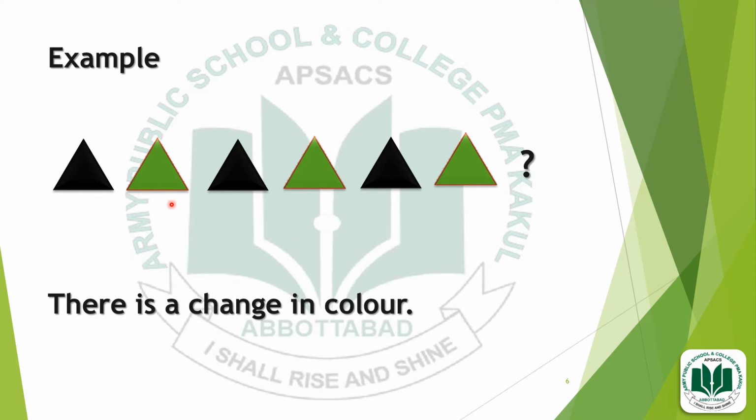Yes, there is change in color in this pattern. First we have black, then green triangle, black triangle, green, black, green. What will come next? Yes, black triangle. So, pattern may be changed on the basis of color.